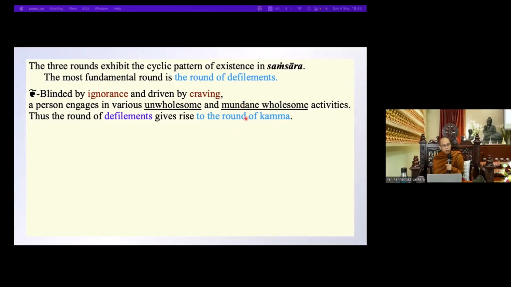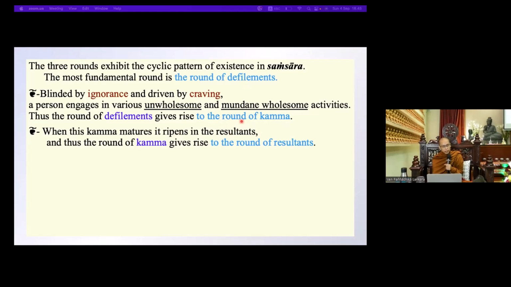These are called the round of karma. Unwholesome and mundane wholesome activities are called the round of karma. The round of karma arises based upon ignorance and craving, which are called the round of defilements. So the round of defilements gives rise to the round of karma.